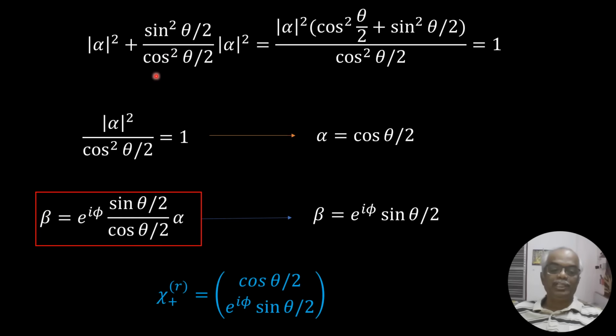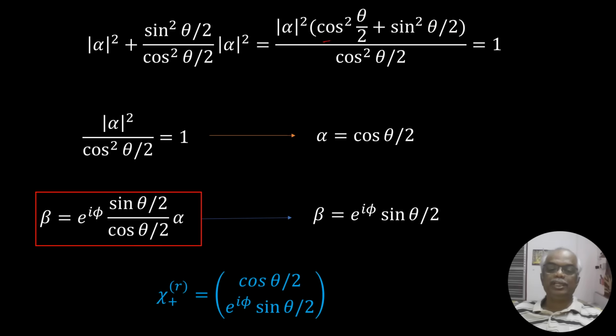So what I am going to do is take cos squared theta over 2 as the common LCM in the denominator. Then naturally we have to multiply the first term by cos squared theta over 2. So alpha squared you have here as well as here, you take modulus alpha squared common. Then in the first term you are multiplying by cos squared theta over 2, plus here already you have sin squared theta over 2.